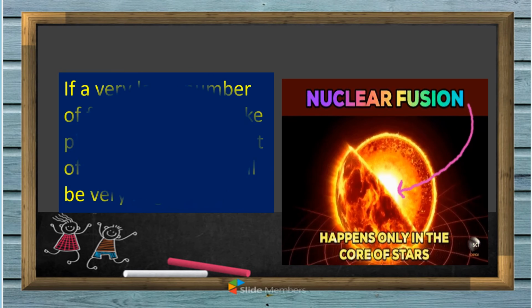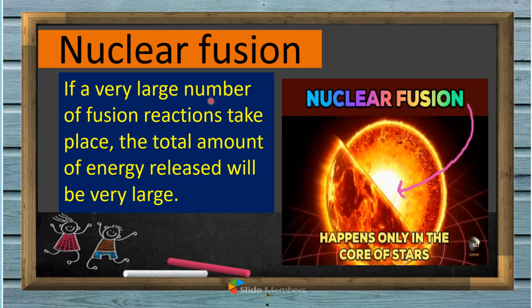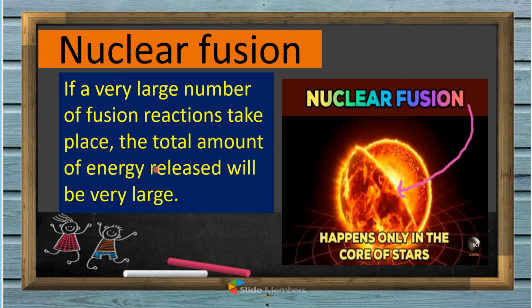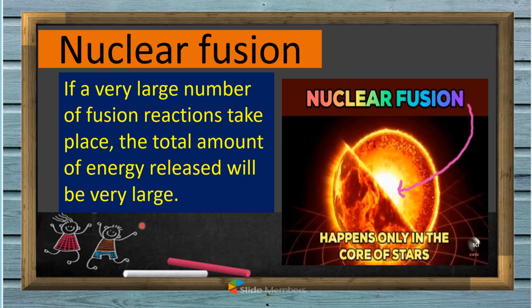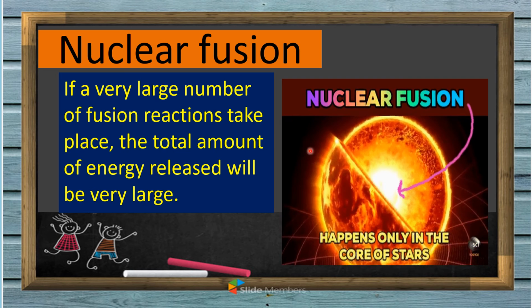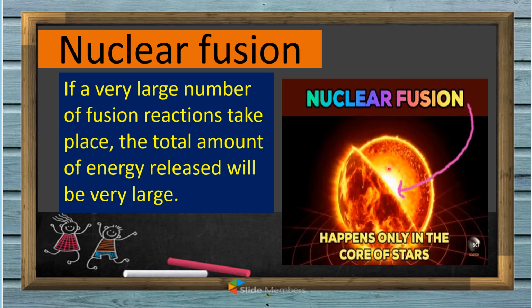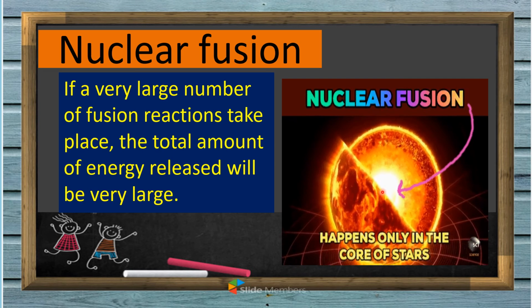During nuclear fusion, if a very large number of fusion reactions take place, the total amount of energy released will be very large also. For your information, class, nuclear fusion only takes place in the core of the sun.